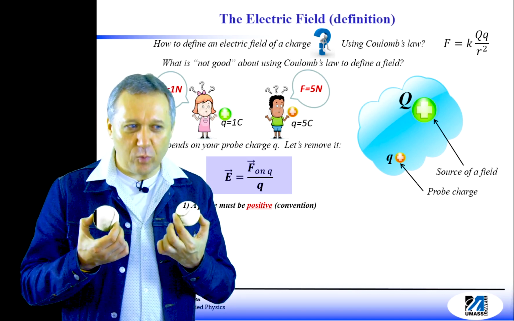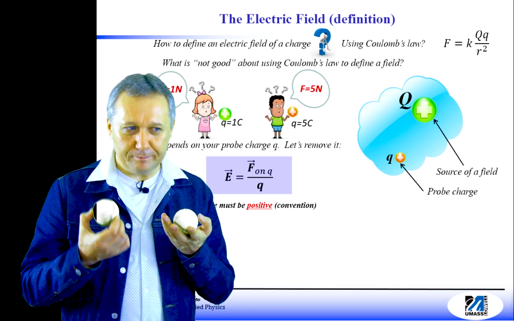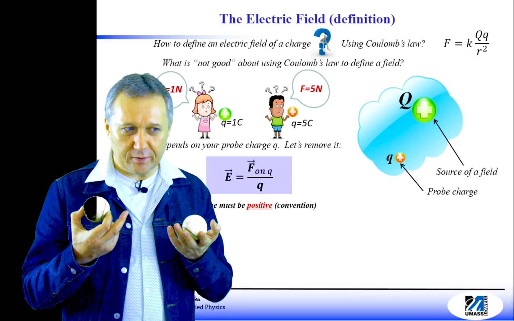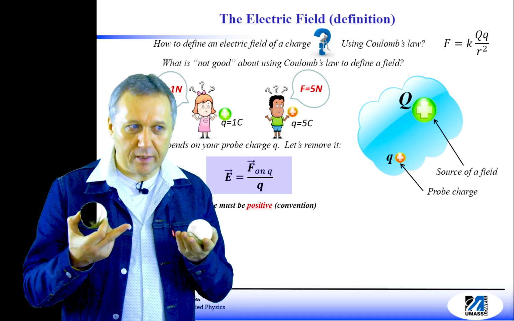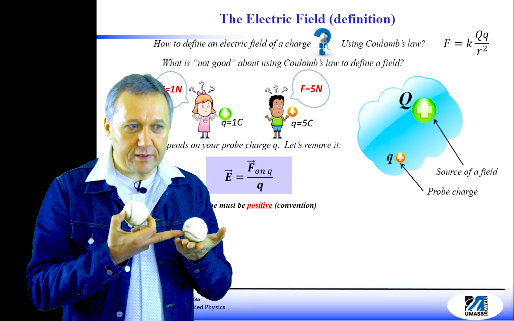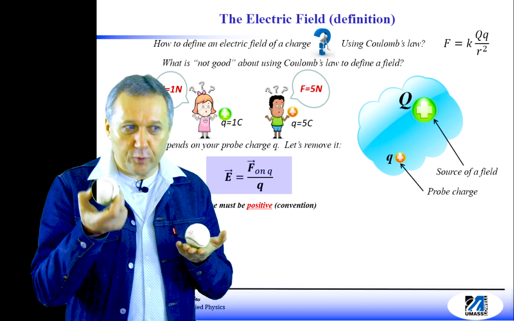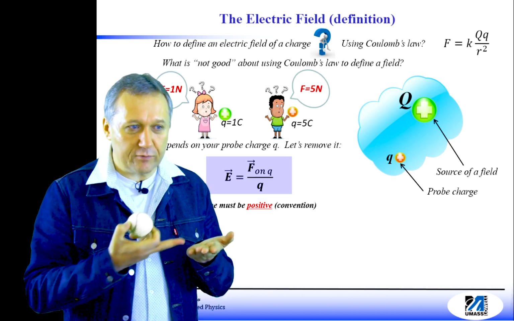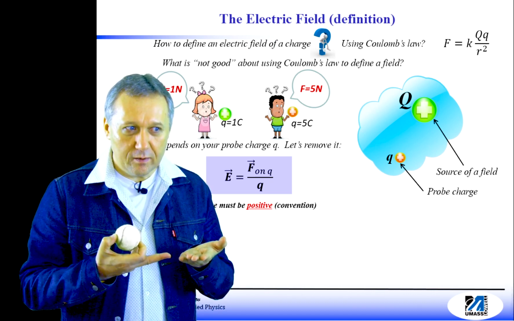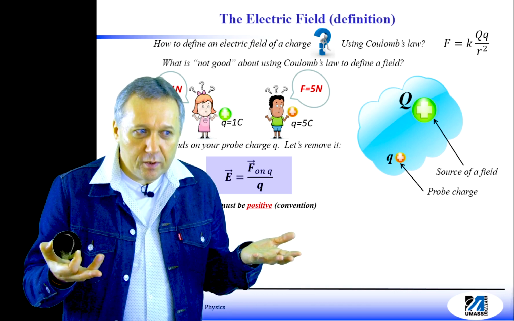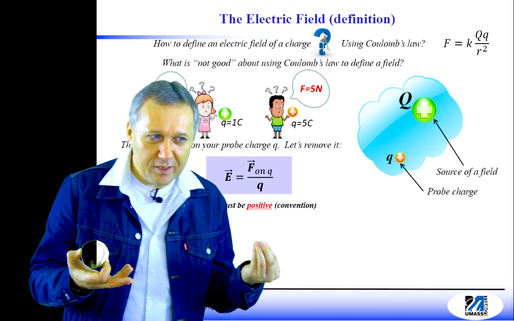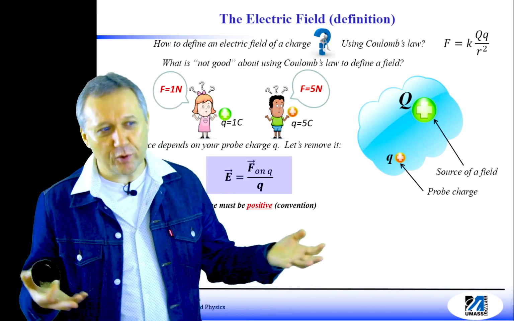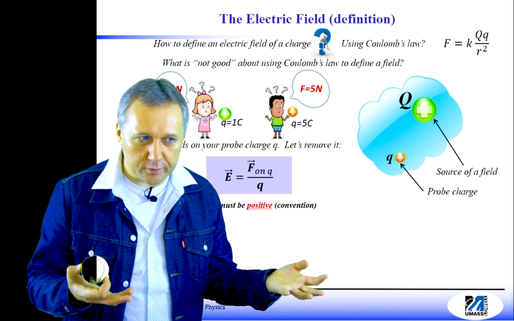If I position my 1 coulomb probe charge over here, what will happen to the charge which creates this electric field? Of course, they interact, right? And this charge which creates the electric field, because of the force exerted from the probe charge, will just fly away, right? Fly away, it means what? You basically destroyed the system, electric field of which you wanted to measure. Okay, not destroyed, significantly changed, significantly altered.